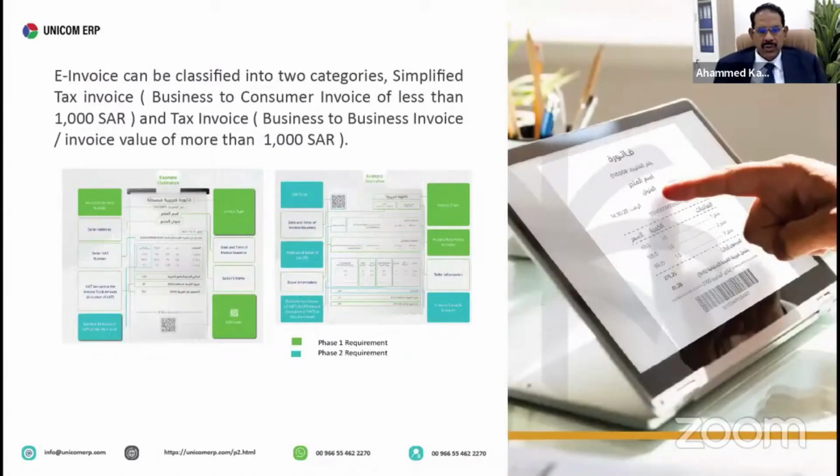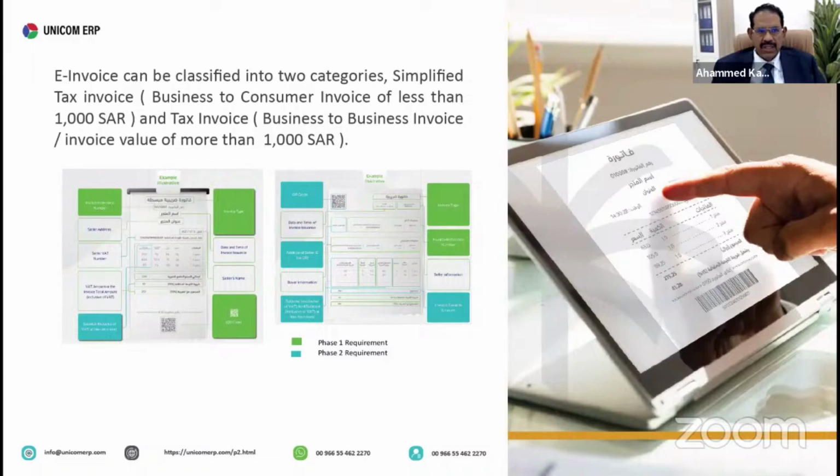In Phase 2, as well as in Phase 1, the invoices, to be precise, are classified into two categories. One is business to consumer invoices, less than 1,000 riyal, and the other invoices more than 1,000 riyal.